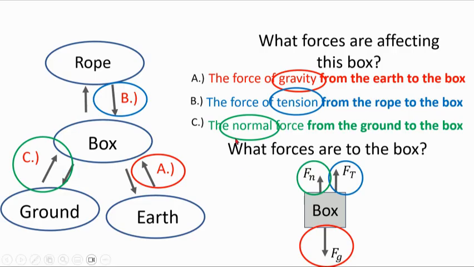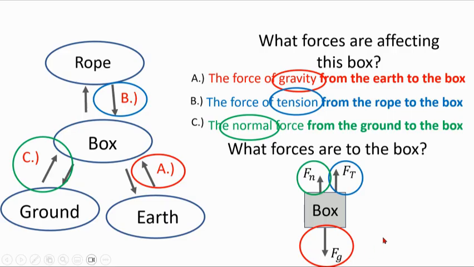We know that there's a force of gravity, and that's pulling it down. We know that there's a tension force, and he was pulling up on it, so that was pulling the box up. The ground is obviously going to push up on the box to keep it from falling through. Now, we don't know from this problem how big each of these are, because we're not told how hard he's pulling up on it, but we do know that these two put together need to balance out the force of gravity.